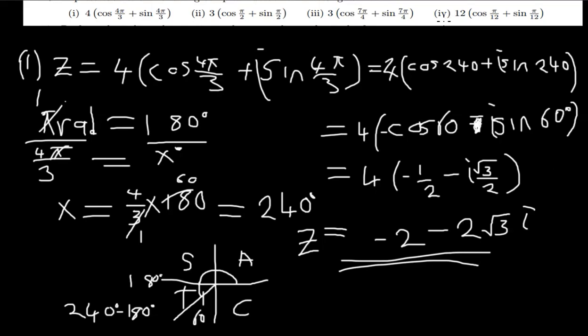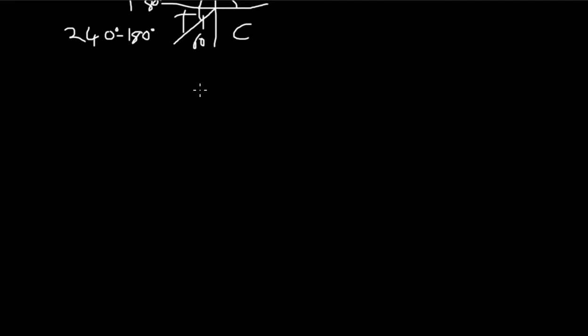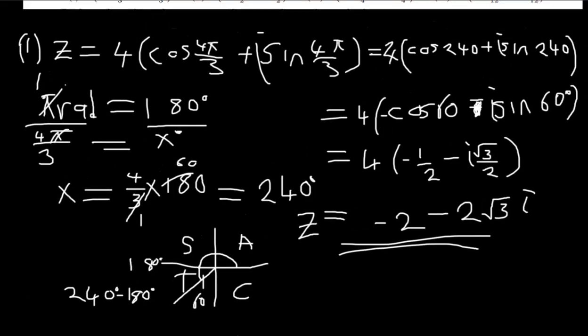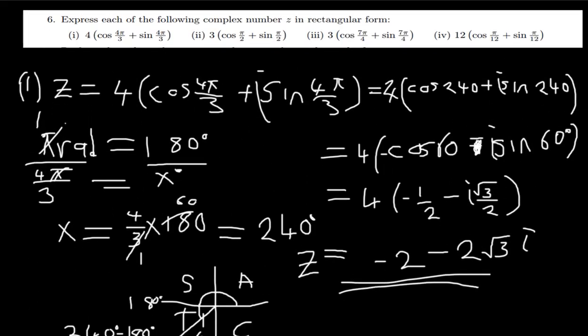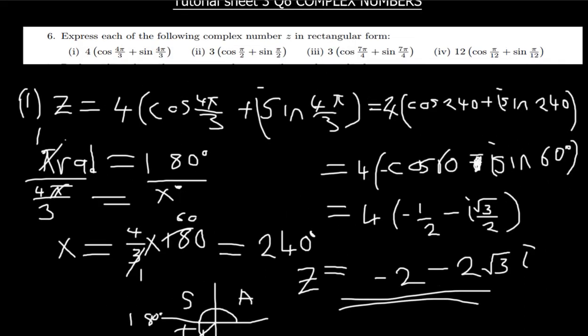Anyway, let me do question 4, not question 6, but question 4. So question 4 here is Z is equal to 12 open brackets cos pi over 12 sine pi over 12. Actually, I'm not the only one who is leaving I there.